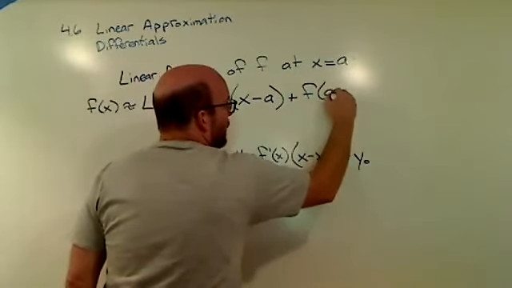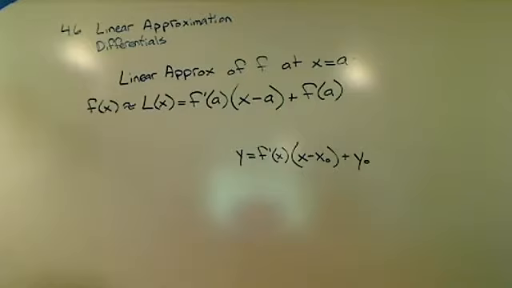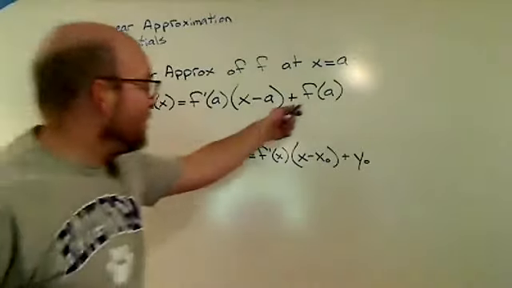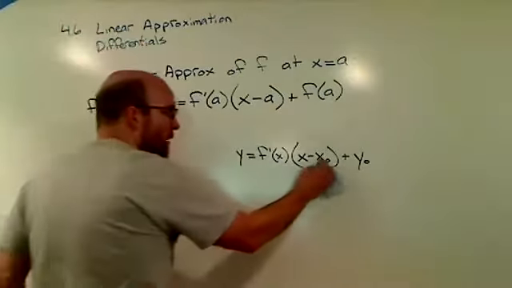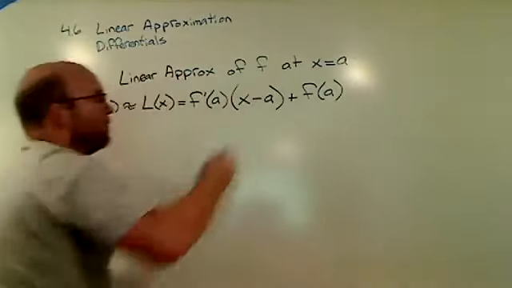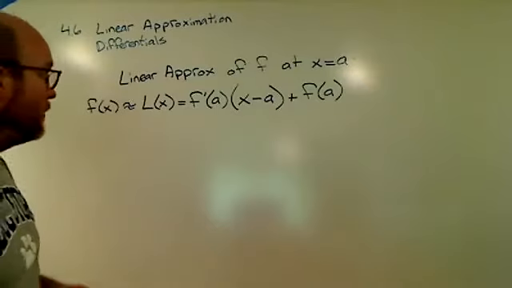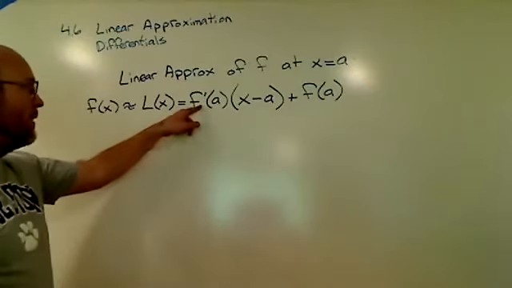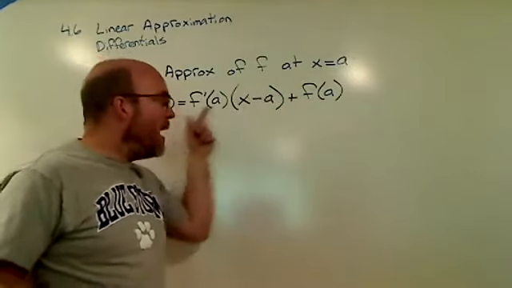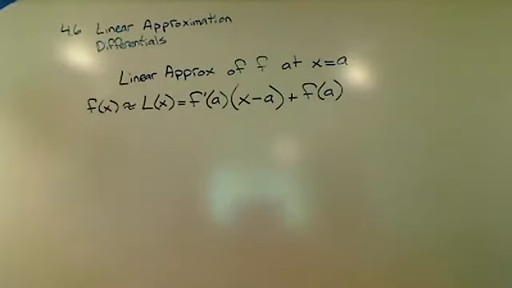So really all that's going on here is we're rewriting this, so all you need to know is the x value. I shouldn't say you don't have to worry about finding y. You have to find y as part of the process. We just kind of hide it there. You don't have to worry about x naught and y naught here. If you know where you're looking for your approximation, it's just a matter of finding the derivative, evaluating to get the slope, evaluating the function to get the y value, and then plugging everything in.